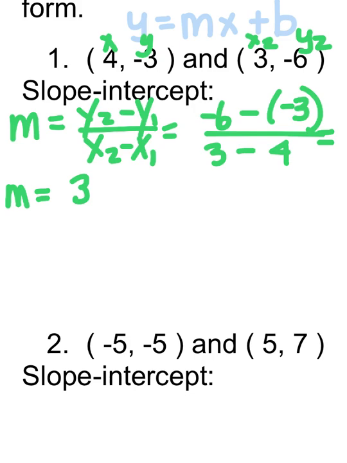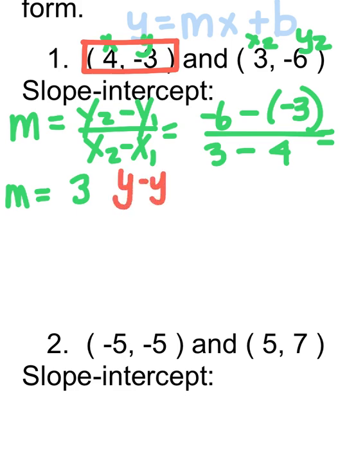So we have our slope, but we don't have our b. So what do we do? Let's do what we did yesterday. Since we have a slope and we have a point, we can write it in point-slope form and then change that equation to be slope-intercept form. So let's start out.